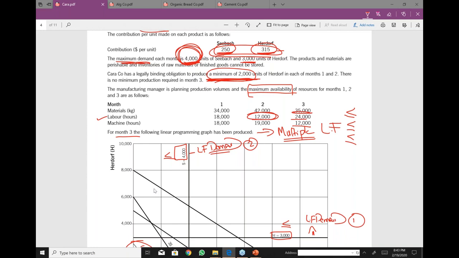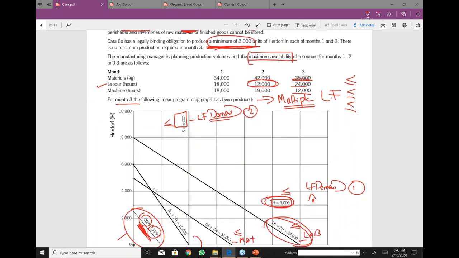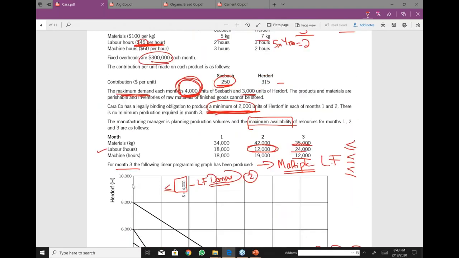I don't think so, because we have fulfilled the entire demand of H. The maximum demand of H was 3,000, and we fulfilled the entire demand by producing 3,000 H. Our optimum production plan did mention that we will produce 3,000 H. So if we get more machine hours, we will not produce H, because we have already fulfilled the entire demand of H.